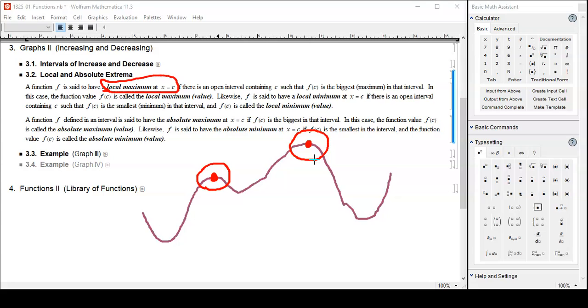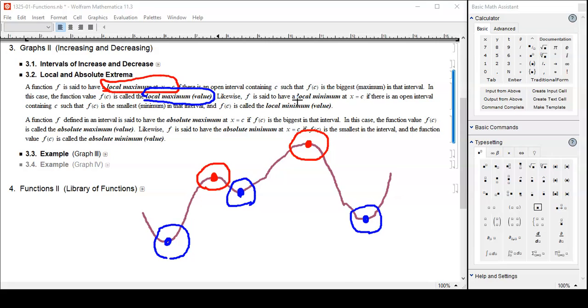Close nearby it is maximum. Make sense? And these are local minima. There's one, and there's one, there's another one. So around here, in an open interval around it, it's a minimum. So we have local minimum like this.